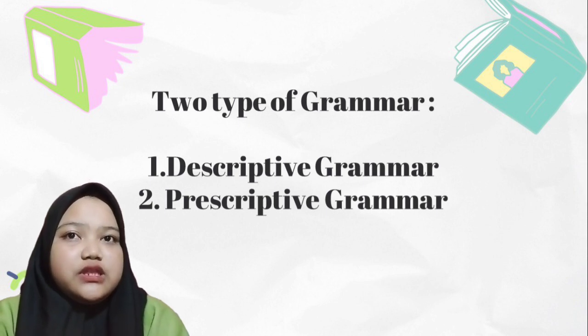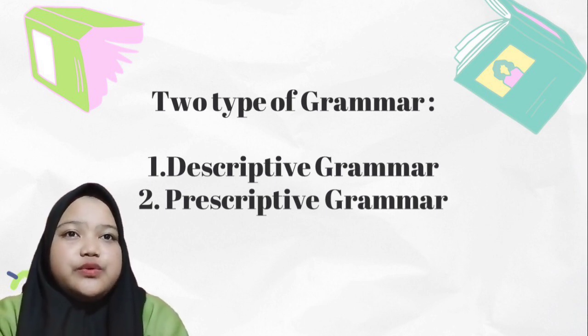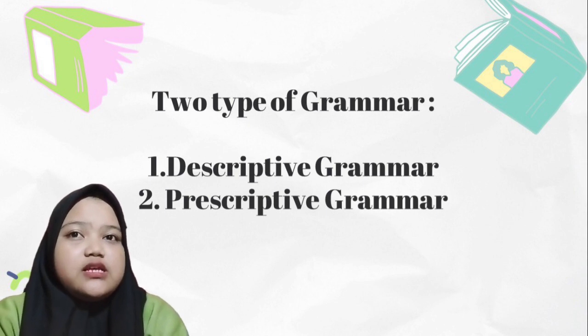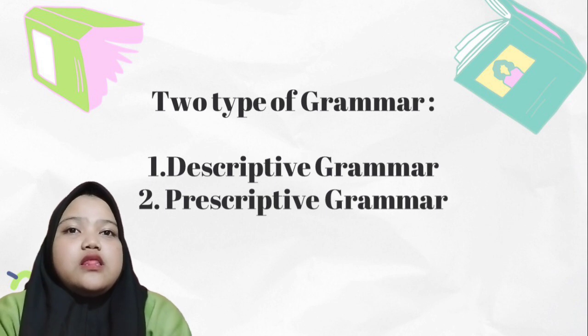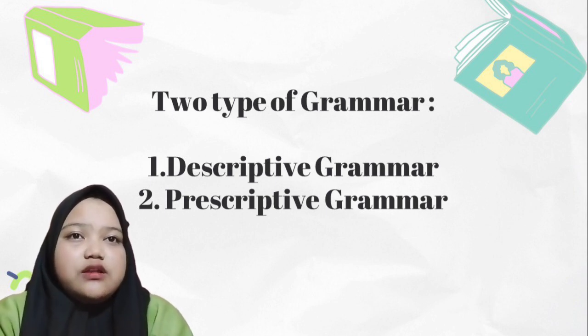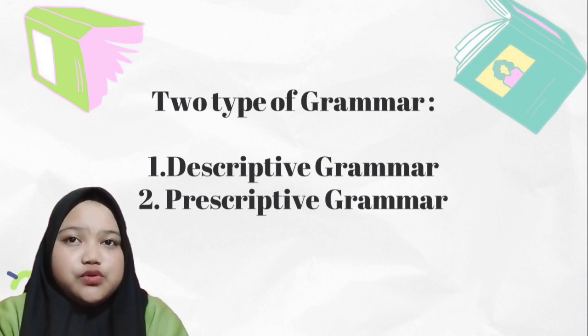And the disadvantage of prescriptive grammar is if prescriptive grammar is taught, learners will be confused when they talk with native speakers. They will realize that natives do not use the rules in the grammar books.